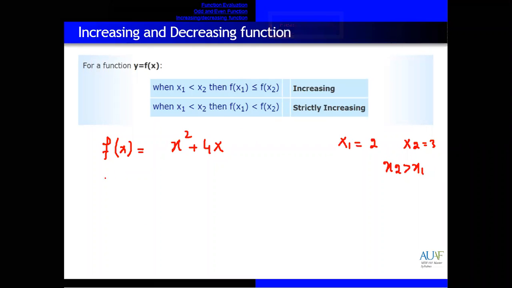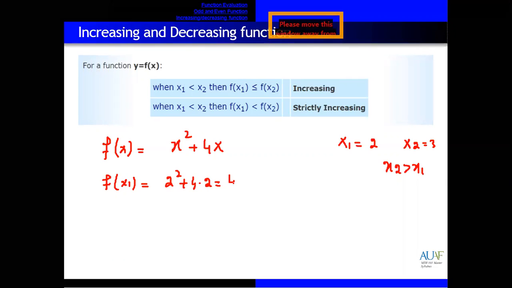So what is the value of f of x1? You know that x1 is 2, so we have 2 square plus 4 multiplied with 2. 2 square is 4, plus 4 multiplied with 2 equal to 8. 4 plus 8 equal to 12. f of x1 is equal to 12. Now f of x2, we know that x2 is 3.